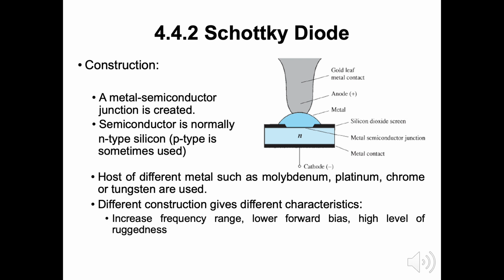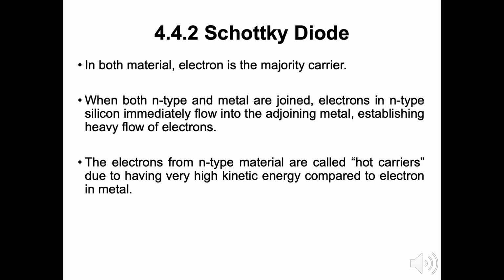Here, different construction gives different characteristics, such as increasing the frequency range, lowering the forward bias, and increasing the level of ruggedness. In both materials, electron is the majority carrier. When both N-type and metal are joined, electrons in N-type silicon immediately flow into the adjoining metal, establishing a heavy flow of electrons.